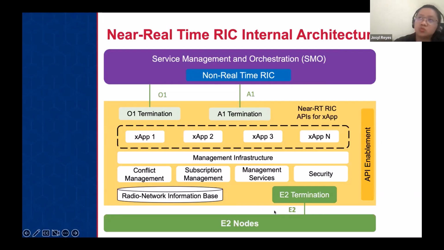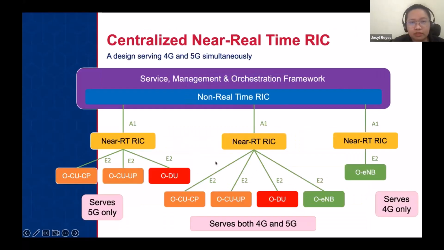The E2 nodes are the OCU, OCU, ODU, and eNode Bs, and then the X apps, whatever the X app is implemented. And the deployment of this near real-time RIC can be done as a centralized manner or a distributed manner. In this case, you can see the centralized near real-time RIC.